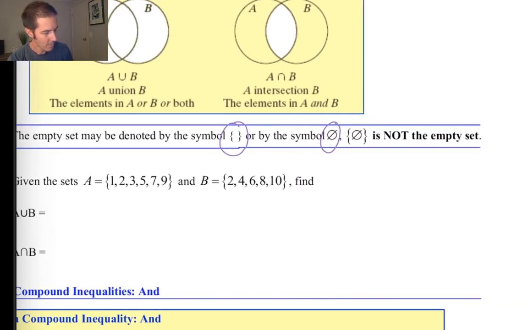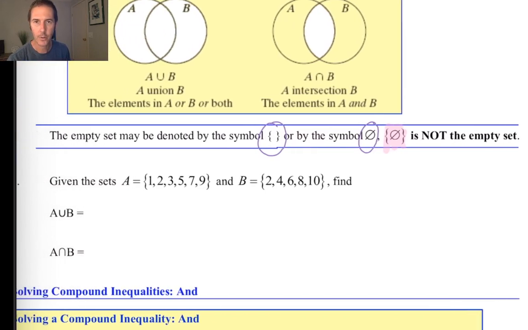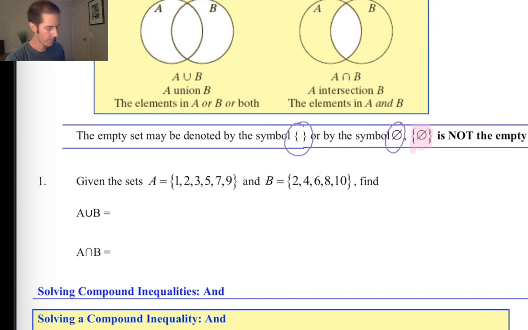But you're not going to use this last notation, which combines those two. Don't use that one. That's not the empty set. But the other two that I circled in purple are considered the empty set or the null set, N-U-L-L, and those are representative of no solution.